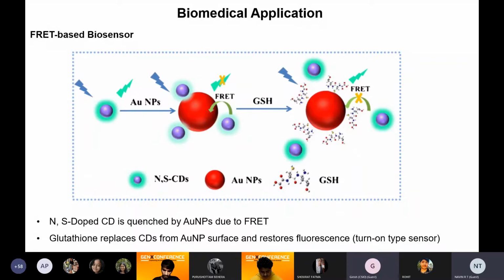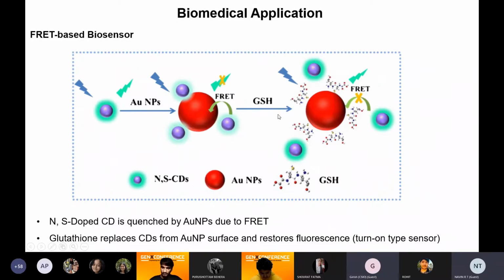Gold nanoparticles actually behave as very efficient quenchers of fluorescence. So what happens when these carbon dots are excited with light is that the emission coming out from the carbon dot is immediately absorbed by the gold nanoparticles through a phenomenon called Förster resonance energy transfer. I guess you all know. So this happens at the surface of the gold nanoparticles.